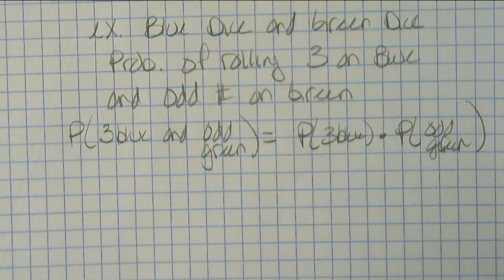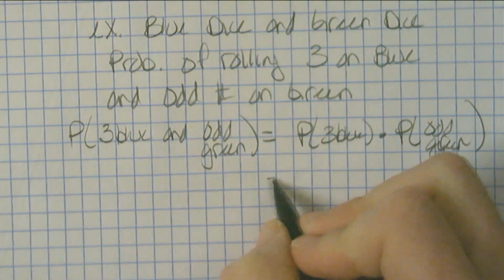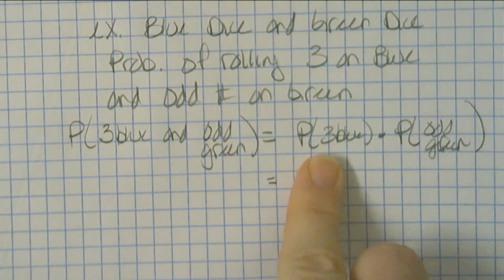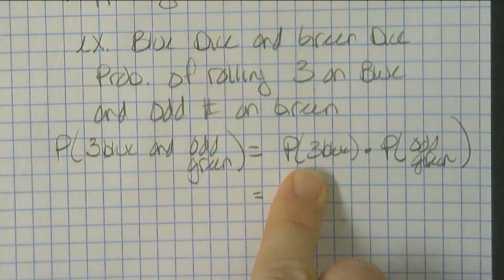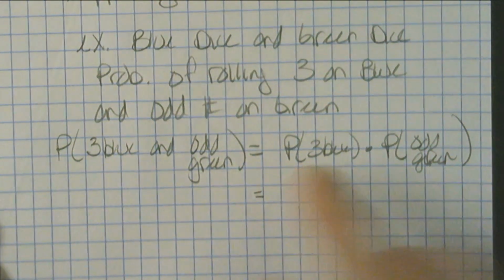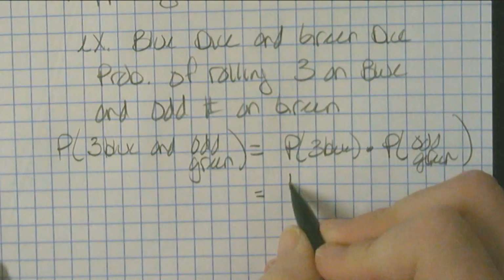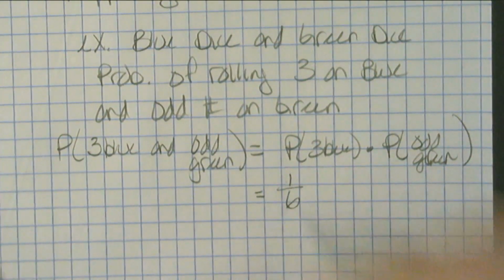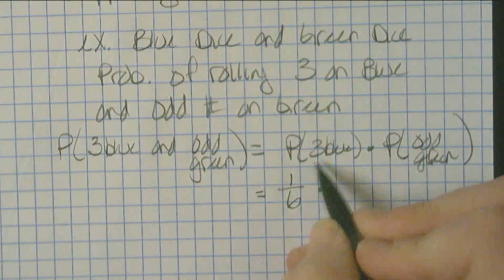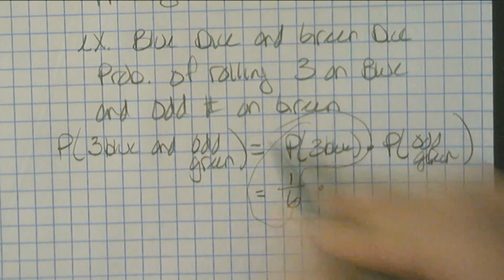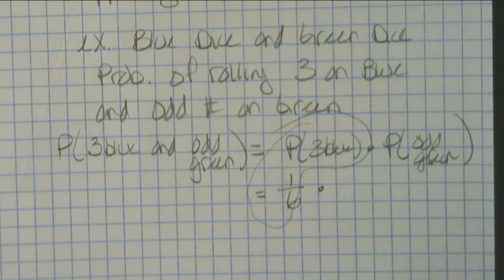Will someone tell me, what is the probability of rolling a 3 on our blue dice? Peter? 1 out of 6, because there's one 3 out of the 6 sides, times, so that is the probability of rolling a 3 on the blue.